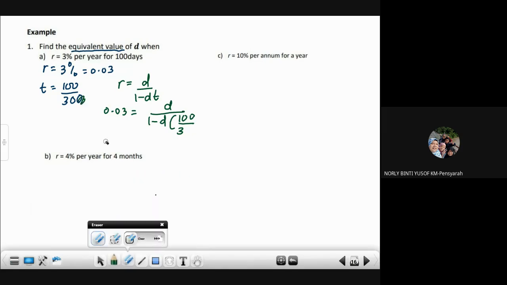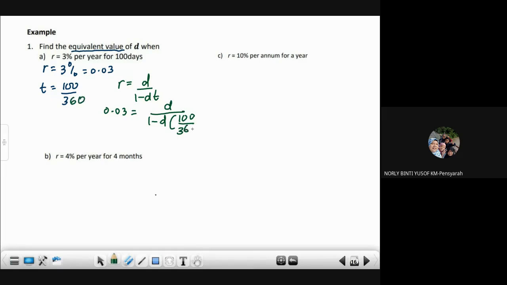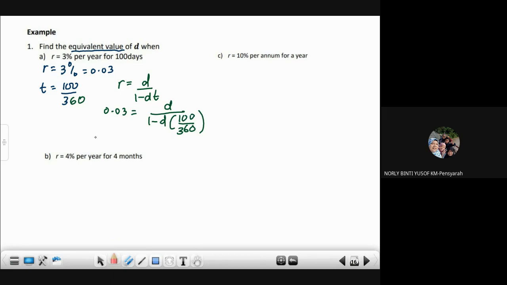Because one year is 360. Okay. And then you simplify. Simplify akan dapat 0.03. Ni terus naik atas simplify dan naik atas 1 tolak 5/18 D. Sebab 100/360 akan dapat 5/18.